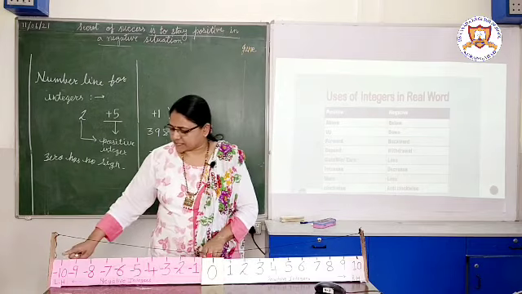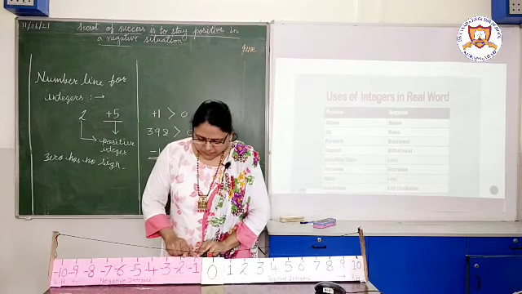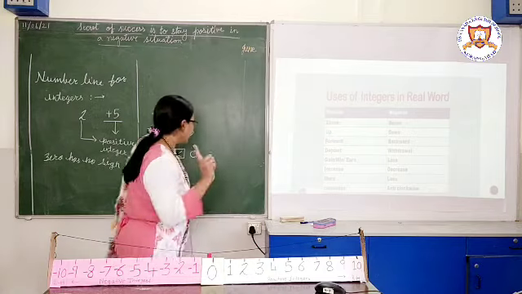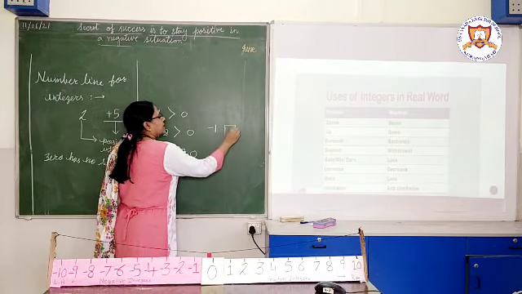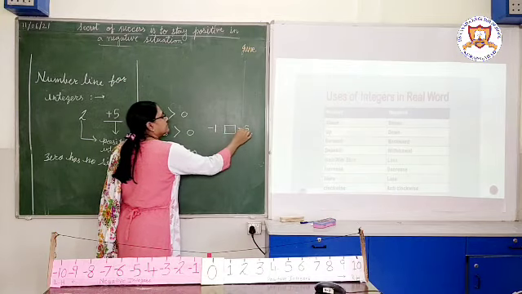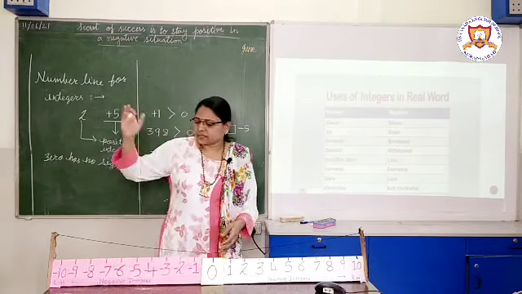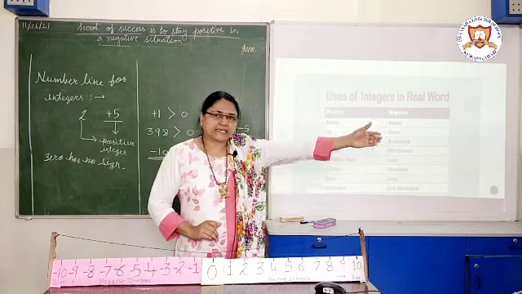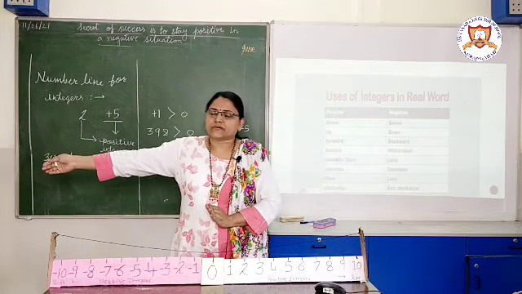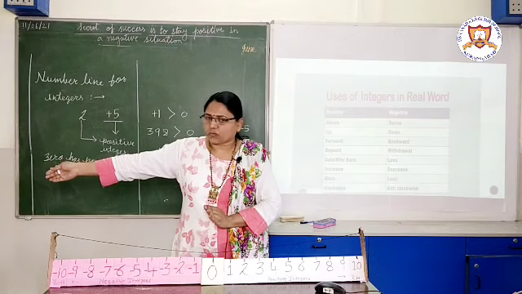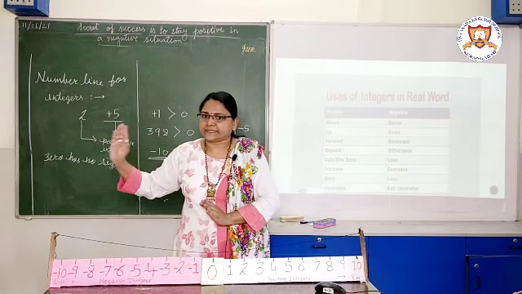Now what about this? Here we compare the negative numbers, negative 1 and negative 5. As we go to the left hand side, the values decrease.